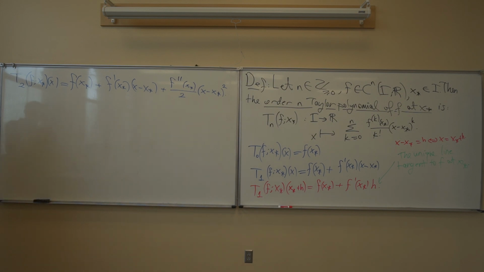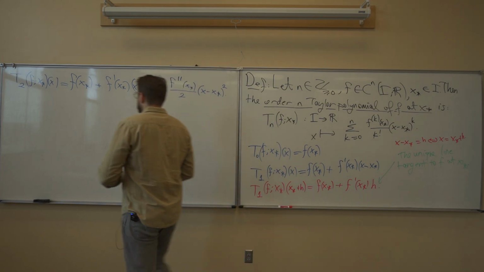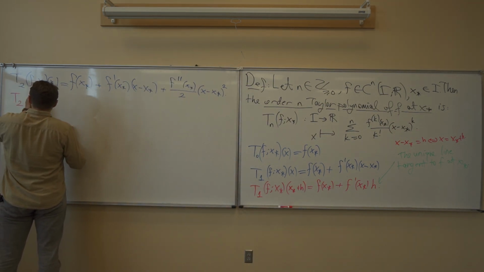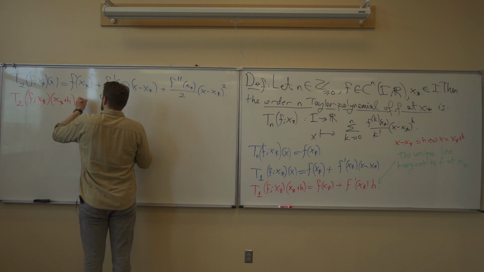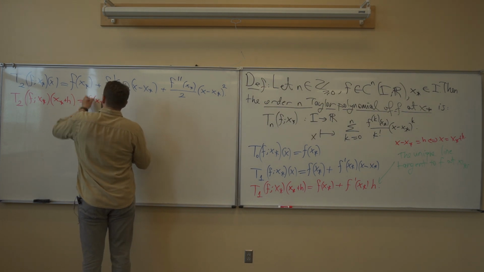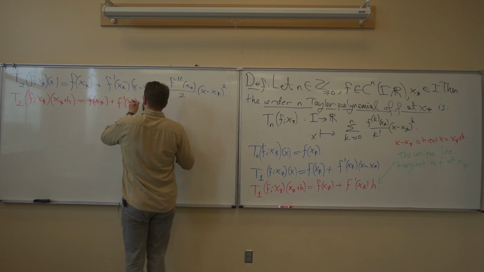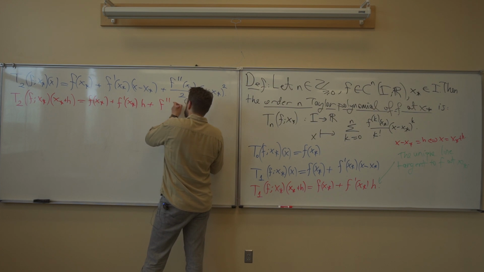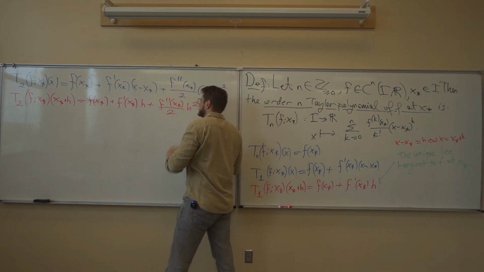Okay? Let me write this also in these variables. So this, in the other variables, becomes like this. Times h plus f double prime x star divided by 2 times h squared.